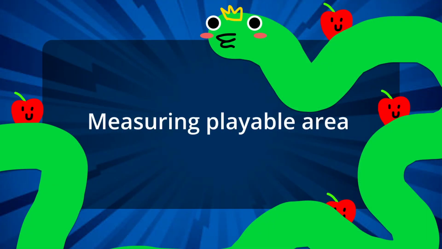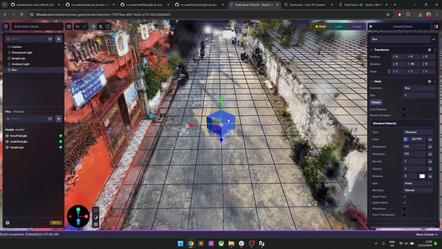Let's now try to use this box to measure the playable area. The playable area will be the area where the snake can travel. So we can just rotate the box and rescale it to see how big the area is.